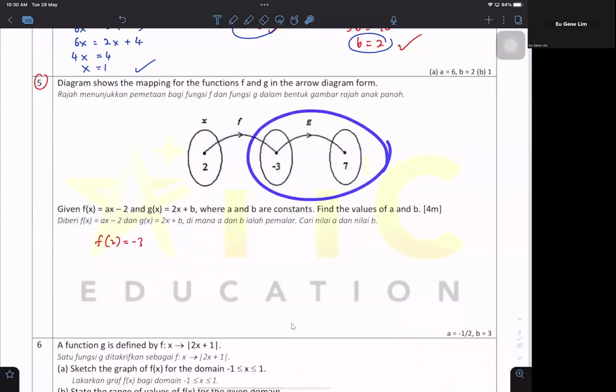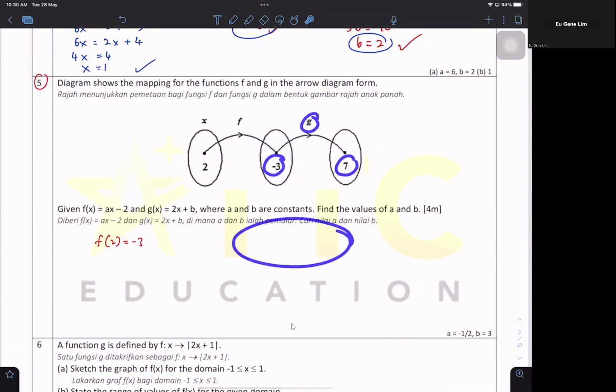Then what is the other one? Can you tell me another one? This one: negative 3 goes through g and becomes 7. So the other function is g(-3) equals 7.